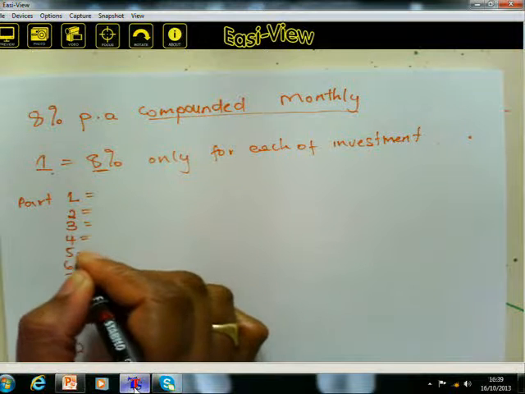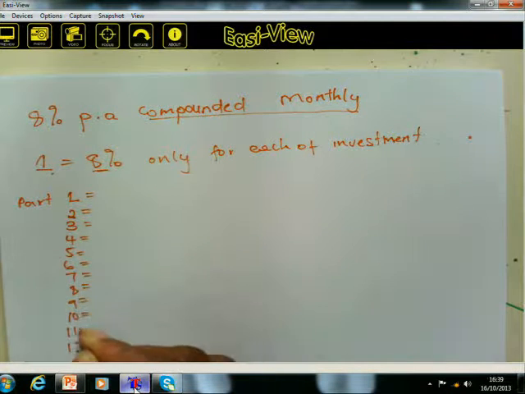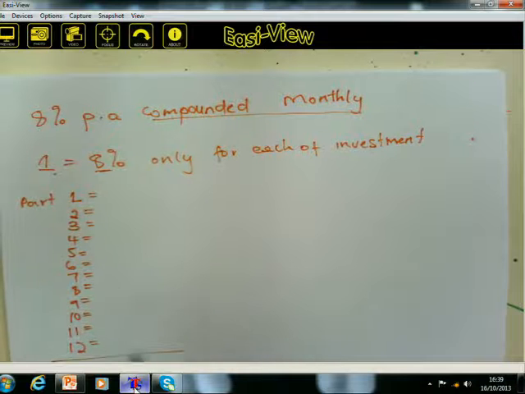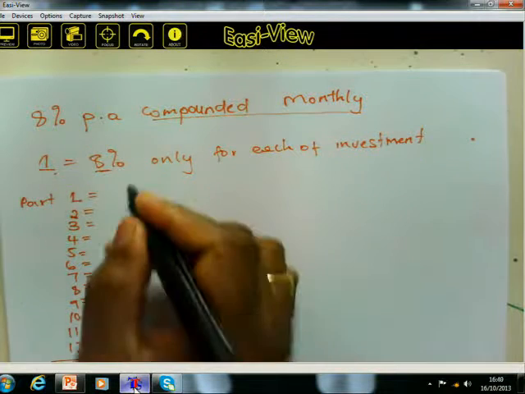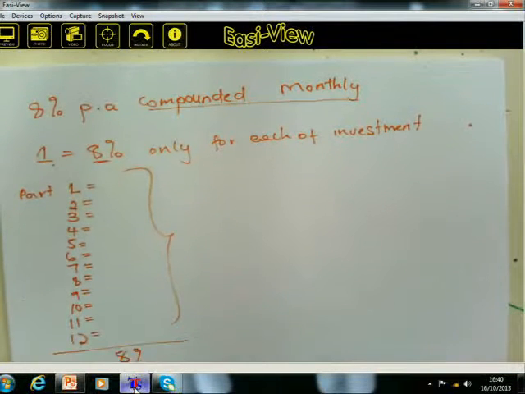At the end of the 12 months, when we add those interest for the whole year, they must give us 8%, which is 8% for the whole year. So now this 8%, we divide it by 12.